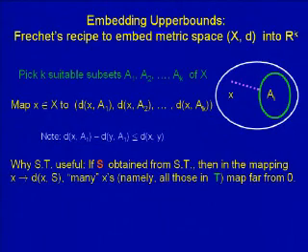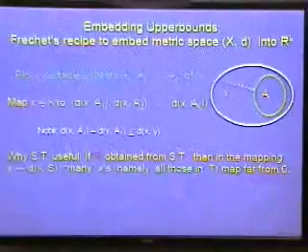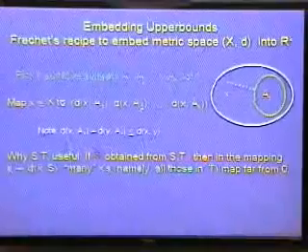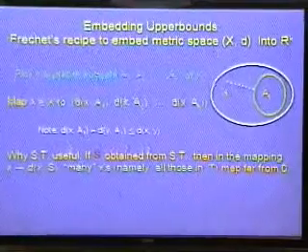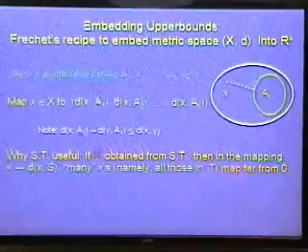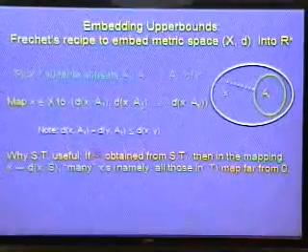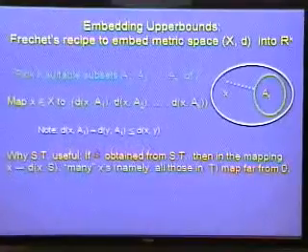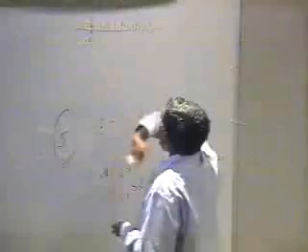Okay, so why is the structure theorem useful? The rough idea is that you take the set S that's obtained from the structure theorem. Look at the one-dimensional analog: everything in A1 maps to 0, because everything that's in A1 has distance 0, and everybody else maps to its distance from A1.